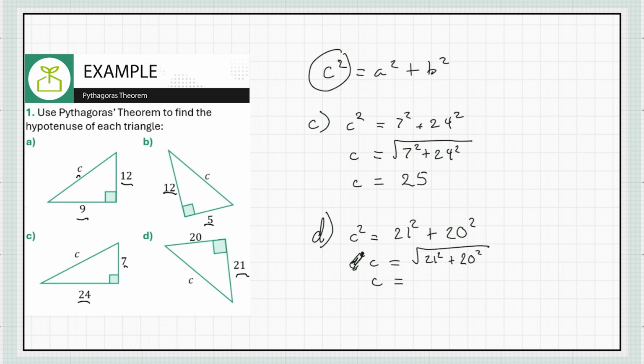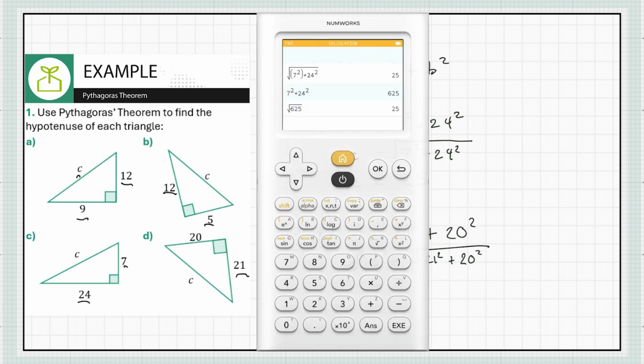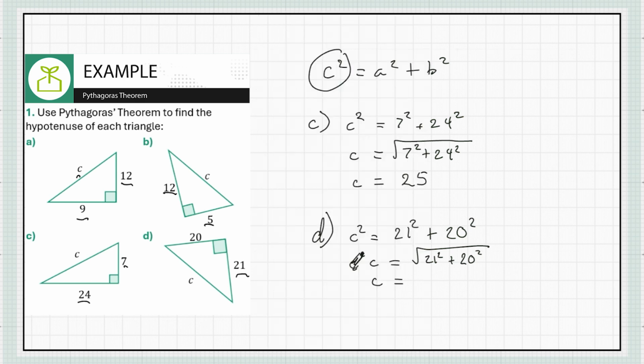So we'll take the square root of 21 squared plus 20 squared and just hit execute, and we get 29. So c, or the hypotenuse, or this unknown side, is equal to 29.